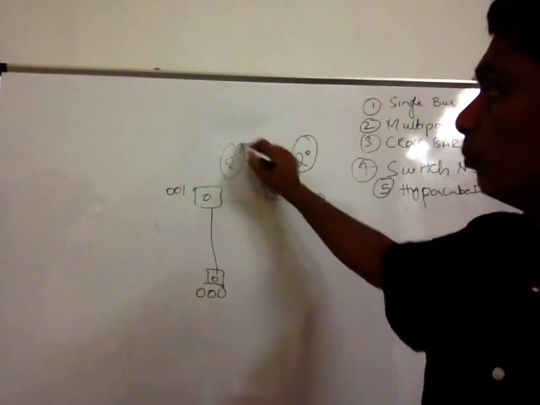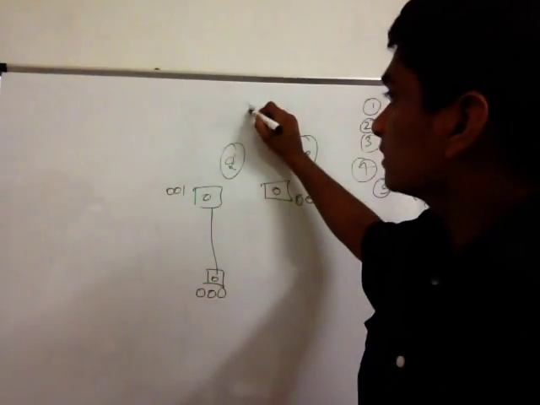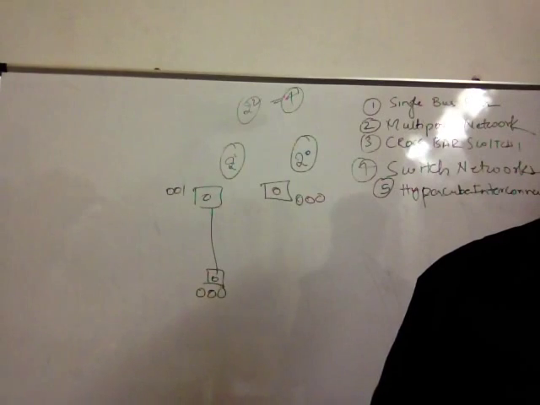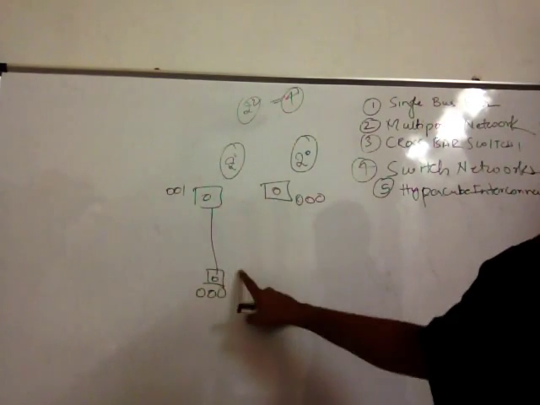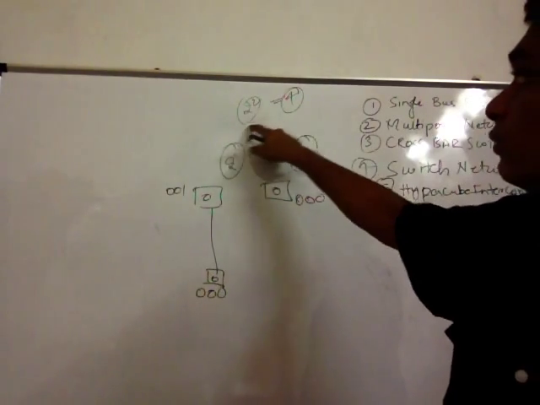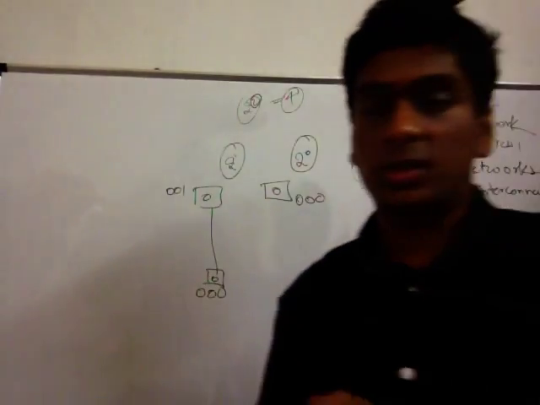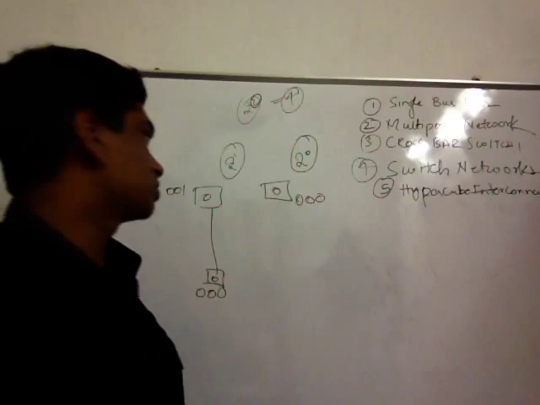This is 2 power 1, 2 processors. Next comes 2 power 2 is equal to 4 processors. So, if I am having 4, this power 2, it means 2 dimensional. My processor connection is going to be 2 dimensional.